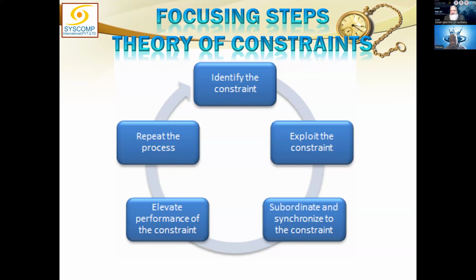Once you have identified the constraint, then you exploit that constraint. For example, you have identified that although the whole supply chain is all right, but one machine, which is part of the whole supply chain, is performing slower than usual. Thus, it is producing less. Every other machine is working fine.